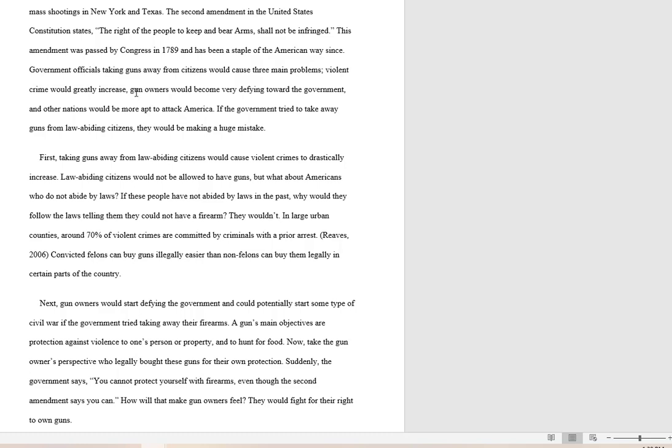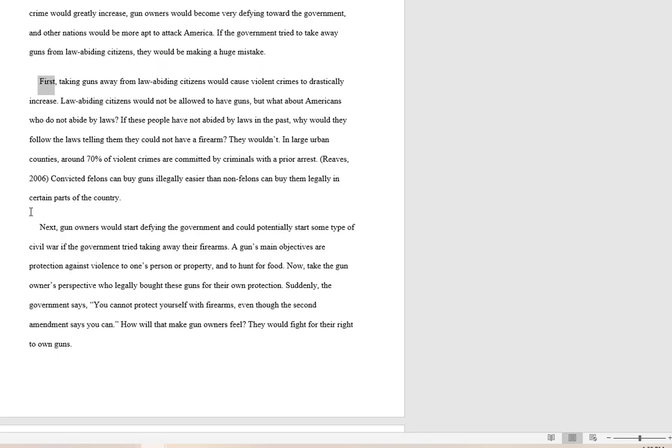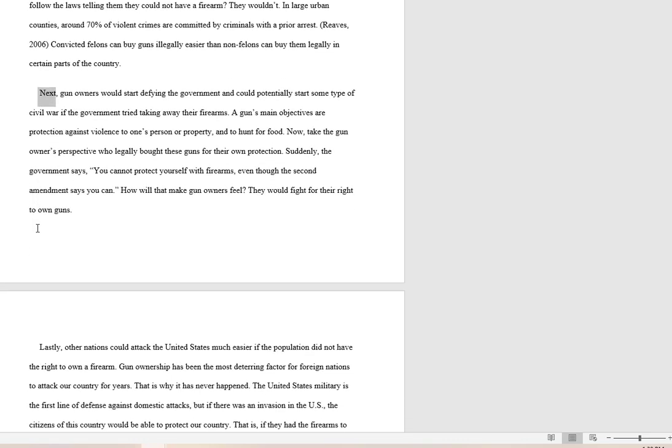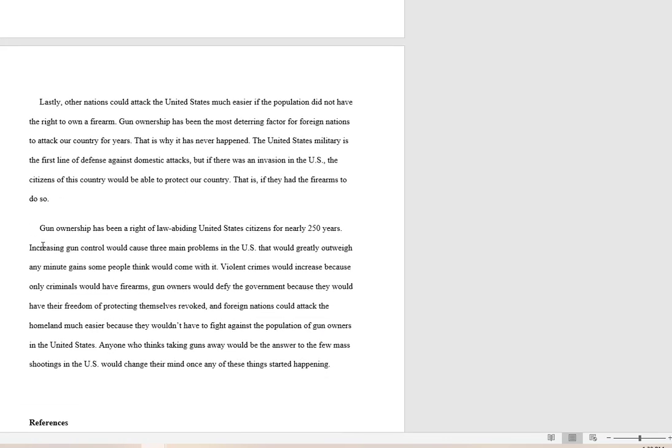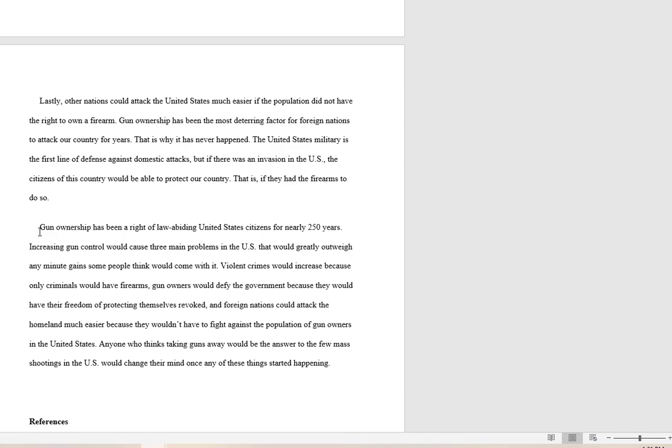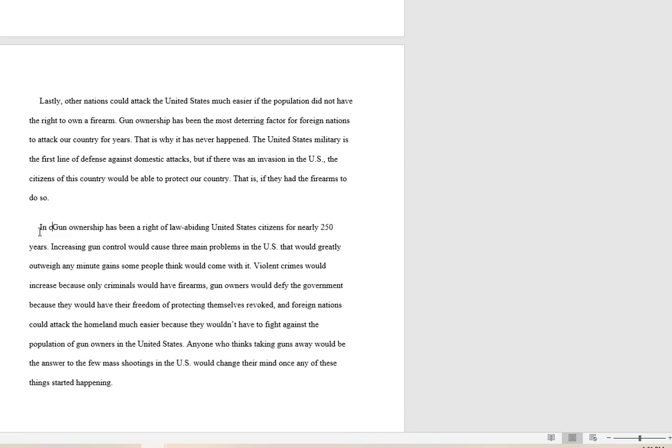When you have a thesis statement with matching body paragraphs, that is known as the 5-paragraph essay. Then he did a great job using transition words: first, next, lastly. Although he should put "in conclusion" over here. So it's not perfect, obviously.